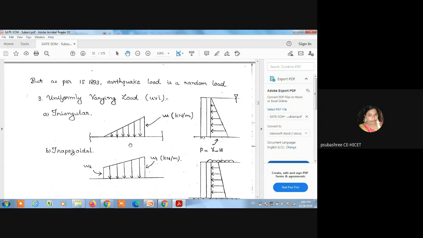UVL is a triangular or trapezoidal load. The unit is kilonewton per meter or newton per mm.